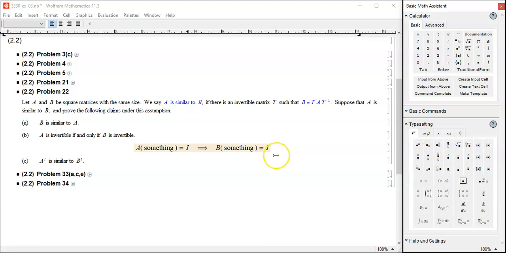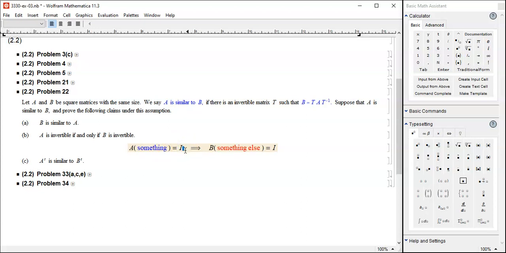Of course not. B times something else will be equal to I. So it doesn't matter which one it is, but something exists here, and then some other thing exists here. That's all there is.